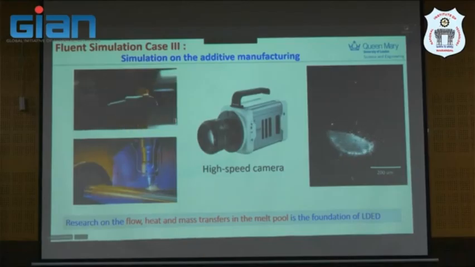It uses a focused laser beam to melt metal and deposit material. Typically it's a powder; sometimes we use a wire. In this slide, this is the LDED process, and we use a high-speed camera to record the deposition.